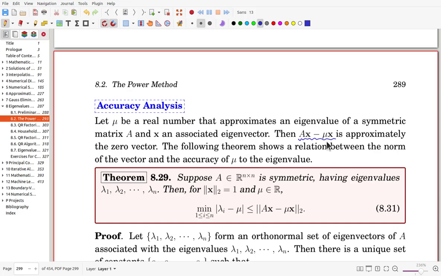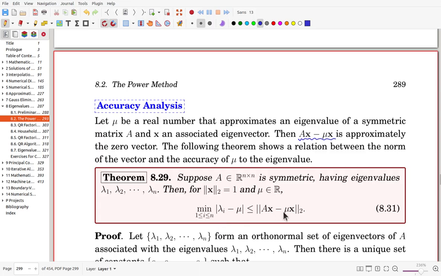But here we have a theorem. A is symmetric, having eigenvalues lambda 1 to lambda n. Then for any vector having length 1 in L2 norm and mu a scalar, Ax minus mu x in L2 norm is an upper bound of that minimum value.